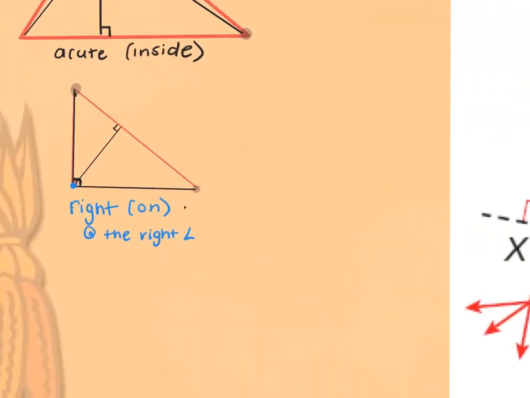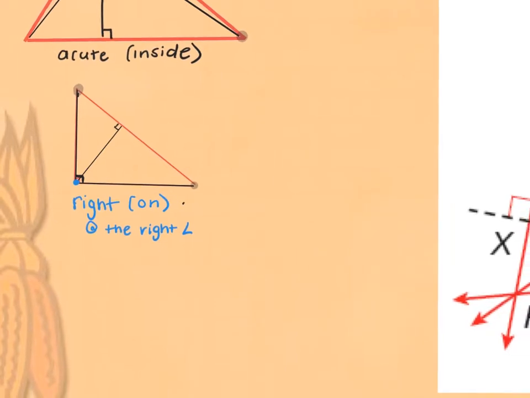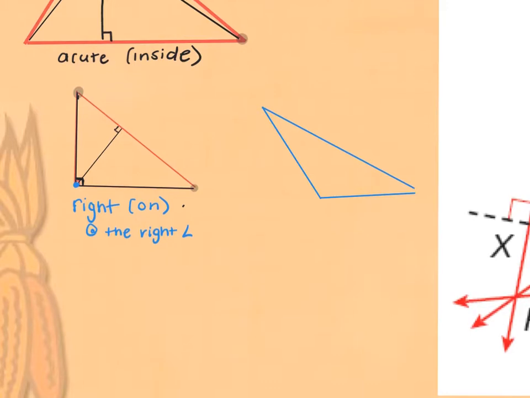Okay, so now the last one is your obtuse triangle. And if you pay attention to the wording on this definition, you'll see that it says that it's connecting the vertex to the opposite side or the line containing the opposite side.